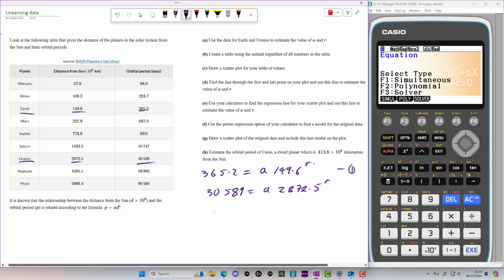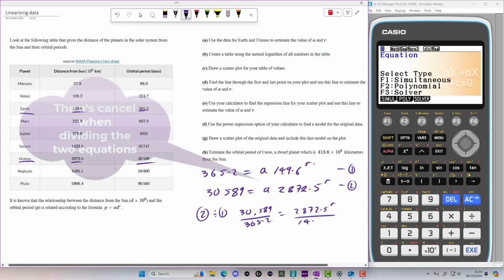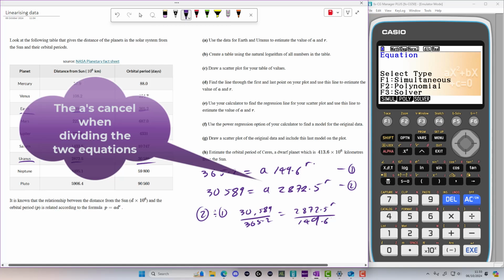Here's equation 1 and here's equation 2. If we do 2 divided by 1, we get 30,589 over 365.2 equals 2872.5 to the R over 149.6 to the power of R.